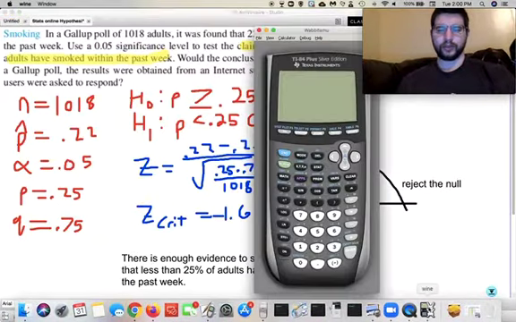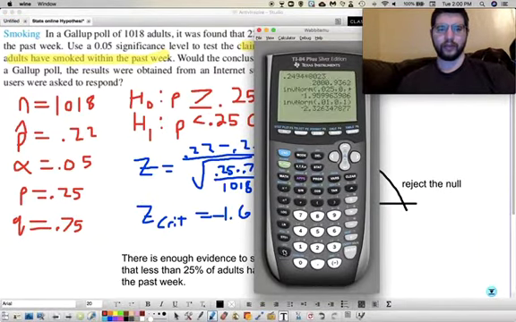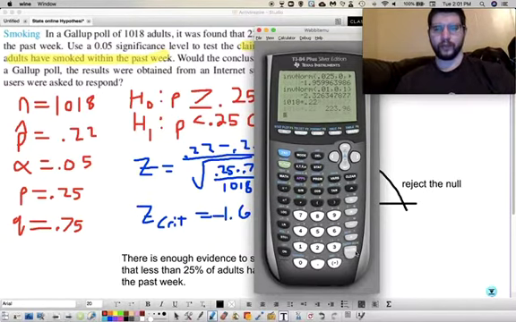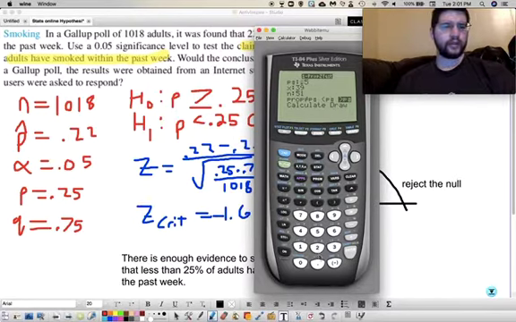So TI users, again, you just type in the info. 1018 times 0.22, 223.96, round up to 224. You round properly, not up or down. So 224 is our X. So P was 0.25.